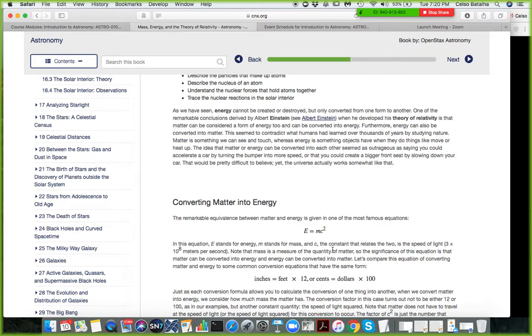So in situations where the environmental temperature is very high, pairs of electrons and positrons, which are positive electrons, can be created out of pure gamma rays. And they can combine again to produce light.